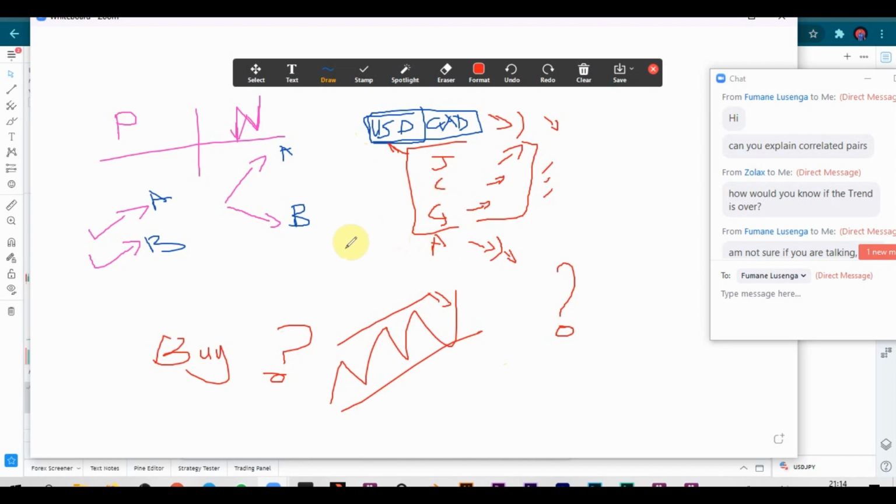For an example, let's say the correlation is negative like this, that when USD CAD is going up, maybe USD CHF is going down, just like that. So you find yourself buying this, you say I'm buying here, and again you find yourself buying even this side, né?